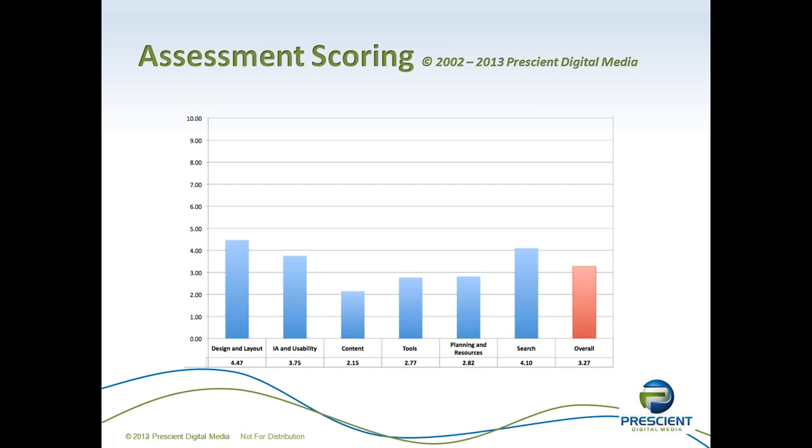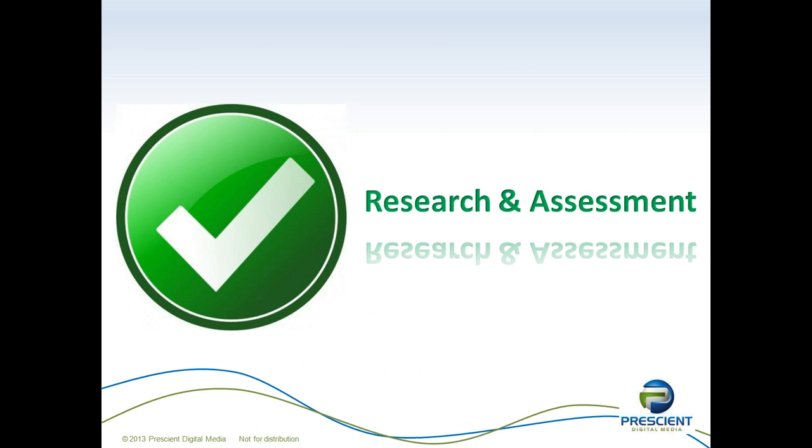Here's where we are today. We know where we need to focus our energy. Content is our worst. That's where we need to spend a lot of time. We need to have a really solid content management plan and the appropriate technology to support it, and people trained on writing and sharing content, so that our content is everything that it could and should be.